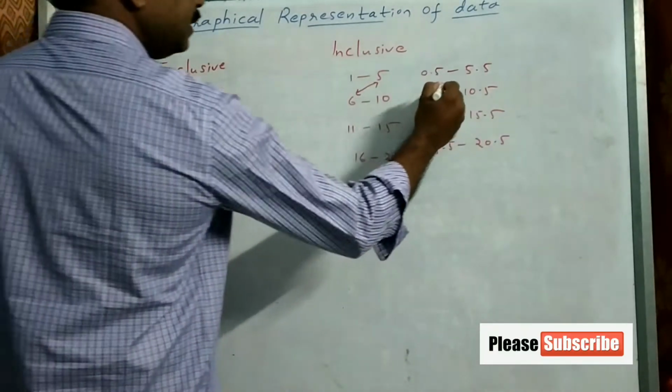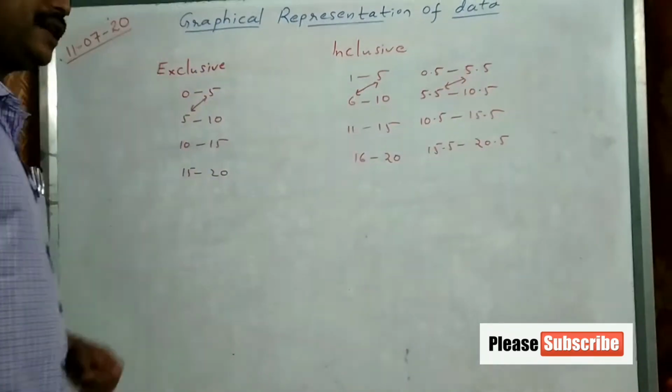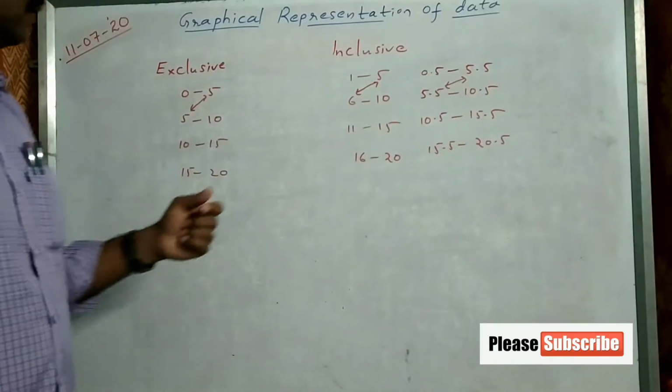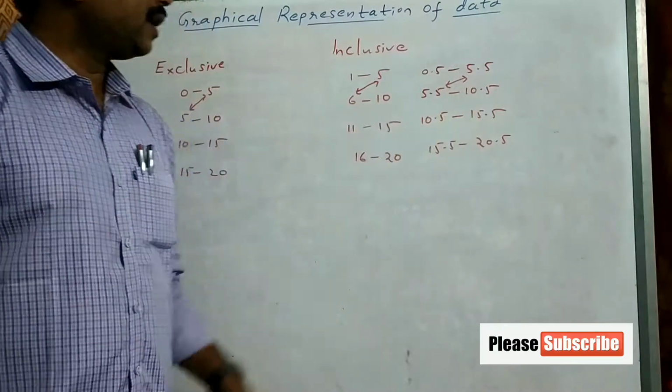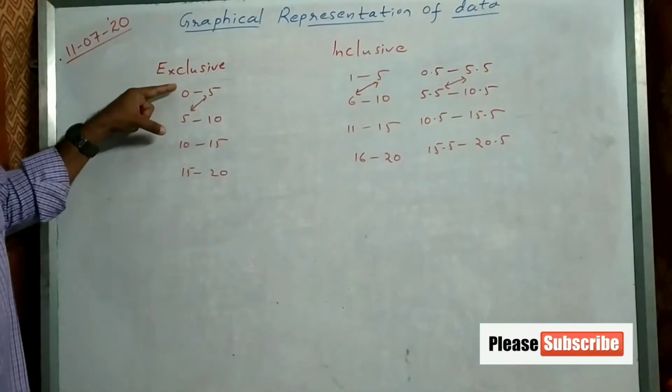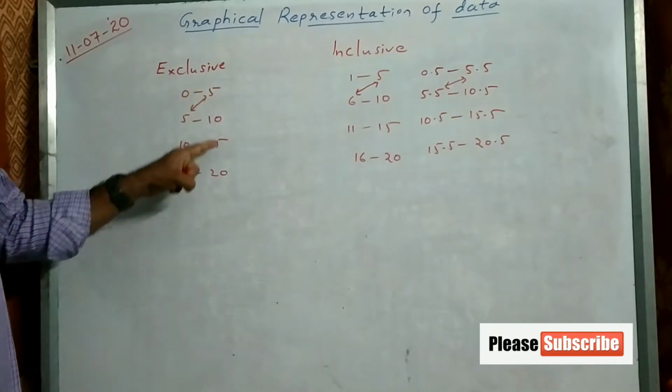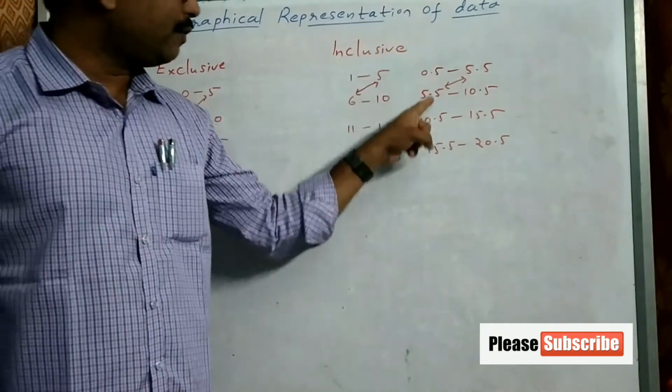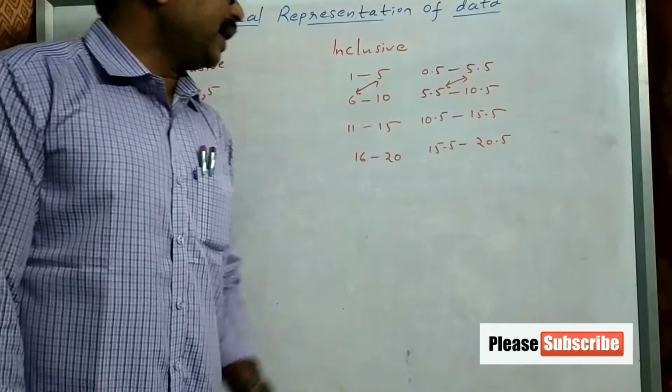Now you see, these two are equal, we made them equal. Such type of data is called exclusive data, and these are all lower limits and these are all upper limits. Here lower boundaries, upper boundaries.